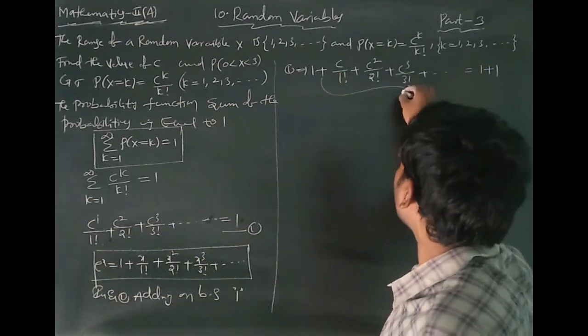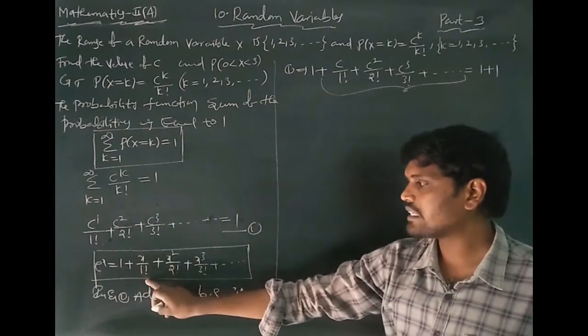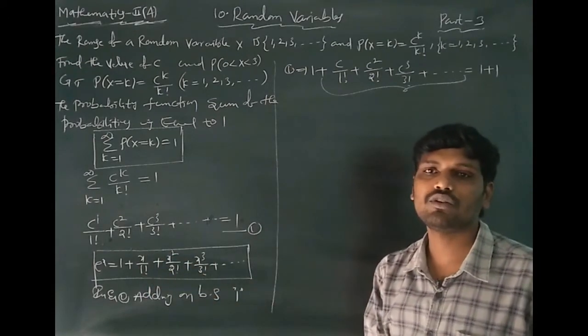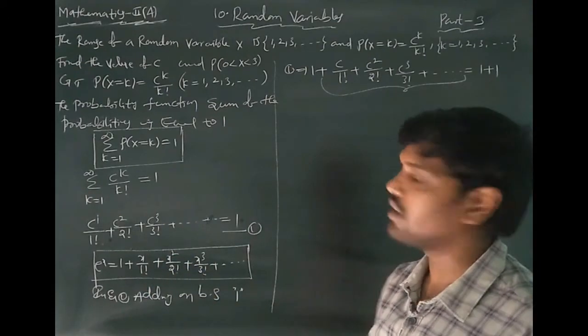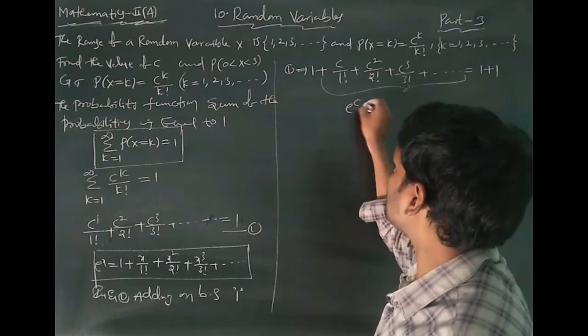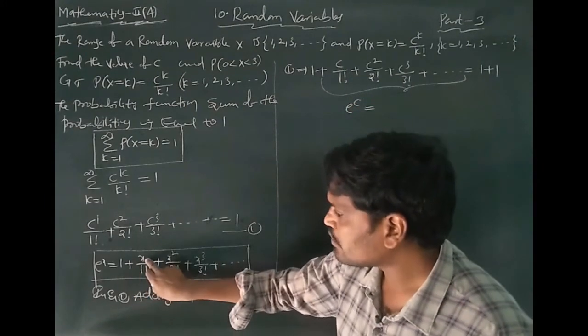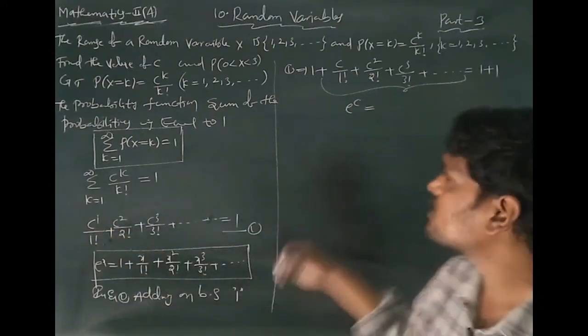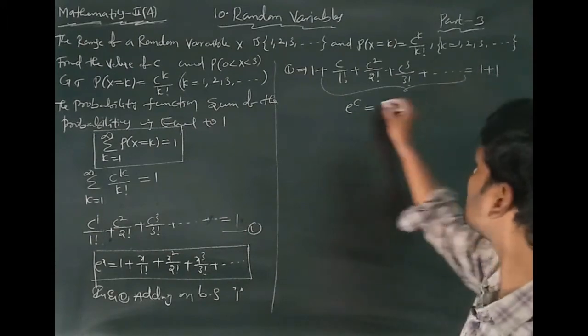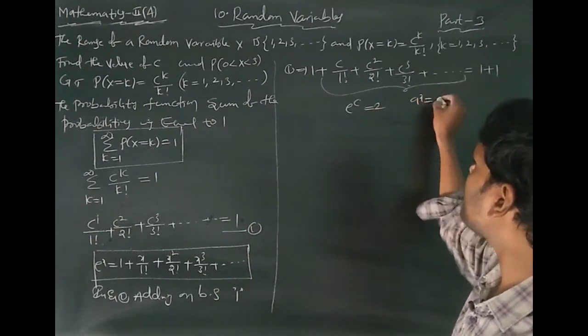This total is in the form of 1 plus x by 1 factorial plus x square by 2 factorial plus x cube by 3 and so on. That's why you can write e power c equal to 1 plus 1, that is 2, by the logarithmic definition.